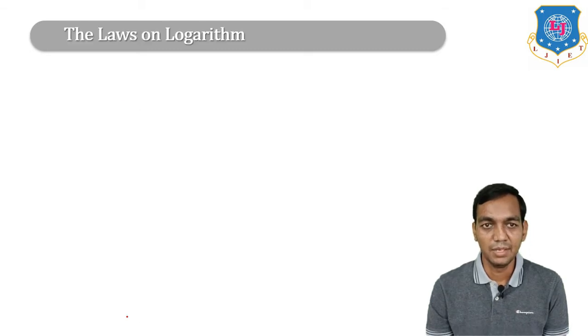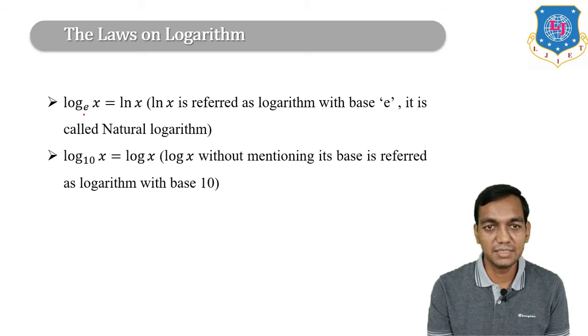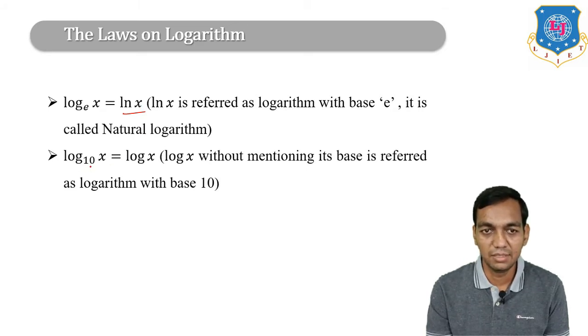Now, if you have log x base e, then we are going to write it as ln, the natural log. From now onwards, natural log we are going to write in the form of ln. And if you have base 10, then we are going to write it in the form of log.